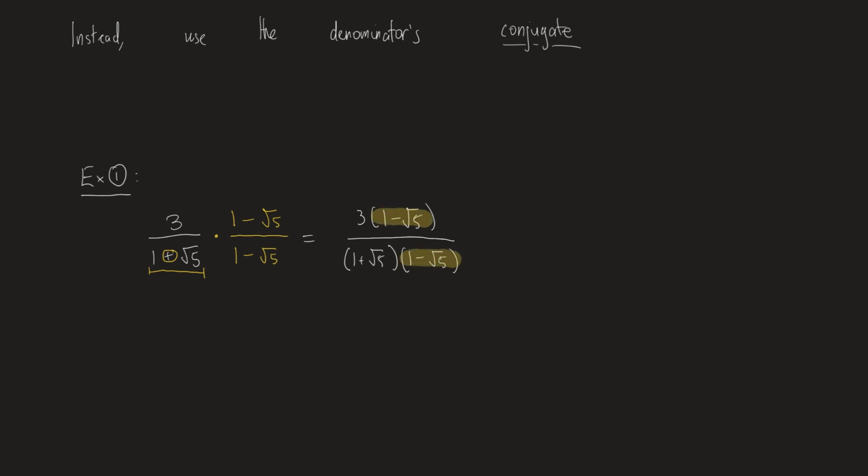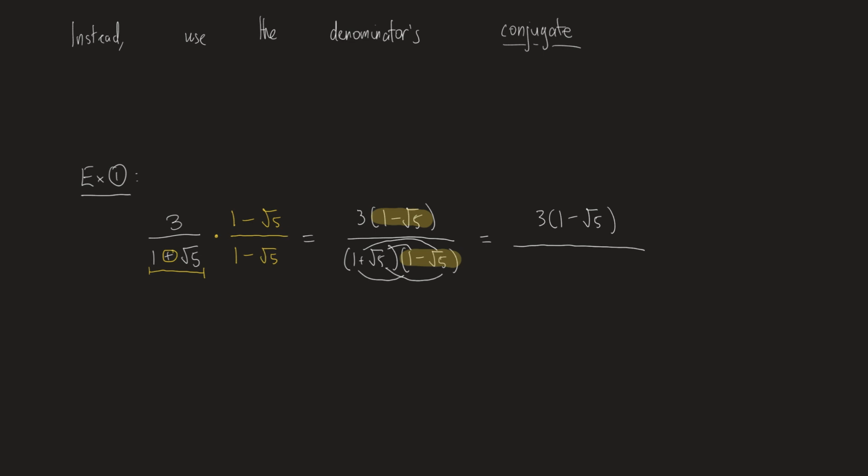Okay, so I have some distributing to do here. I'll have my first, outside, inside, last from the FOIL method. I'll leave the numerator basically figured out.